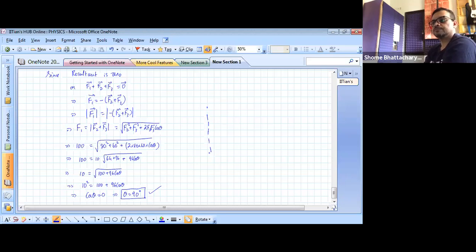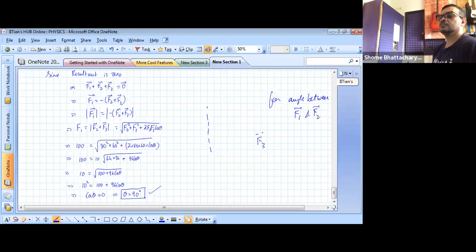Correct, Prince. Yes, exactly. We have to make it like this. That mod of F3 is equal to mod of vector sum of F1 and F2. So suppose you wanted to find the angle between F1 and F2, you have to do like this.